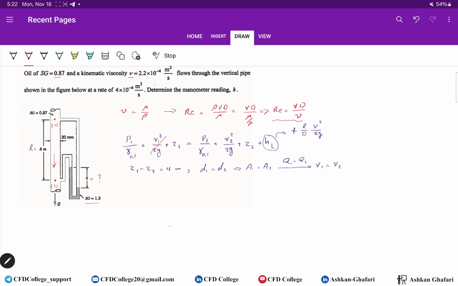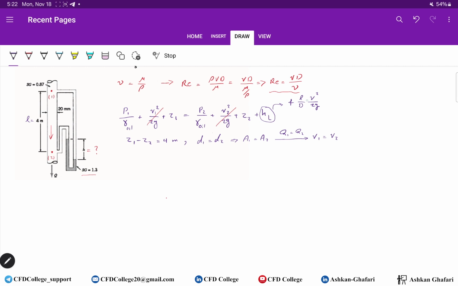So these terms cancel. But to find HL, we need f and velocity. We have L and the diameter, but we don't have the velocity or the friction coefficient. Velocity can be found from the flow rate: Q equals V times A, so V equals Q over A.